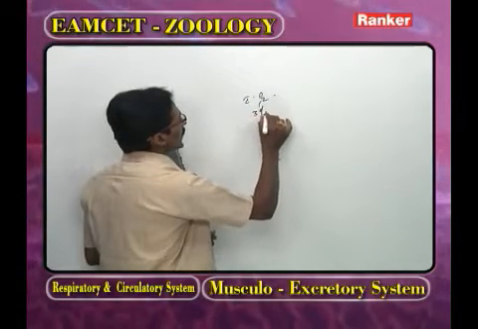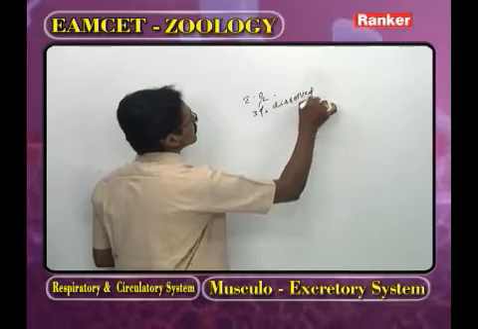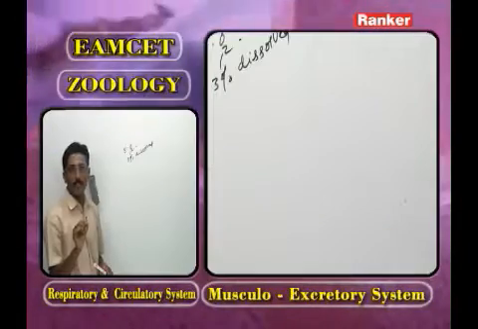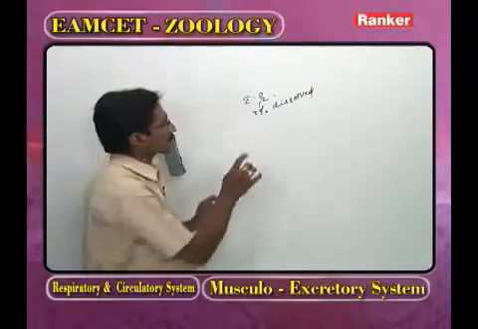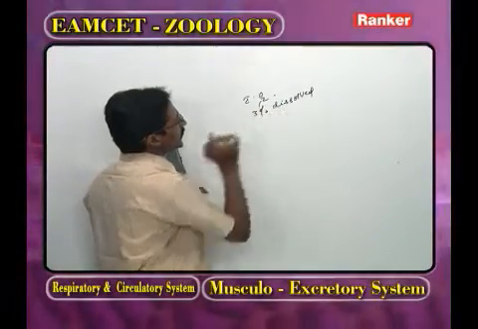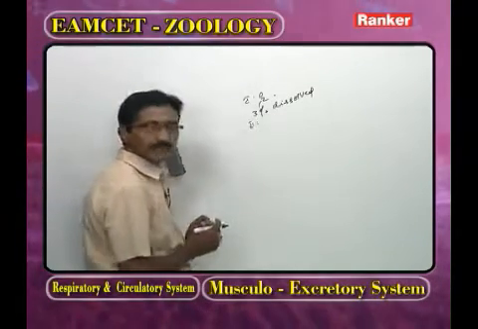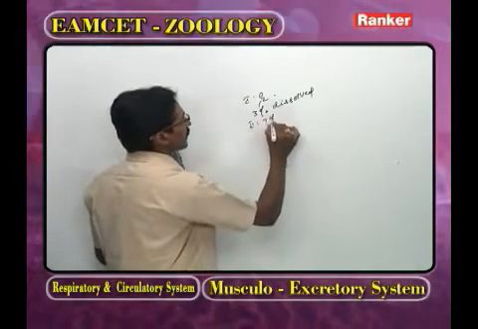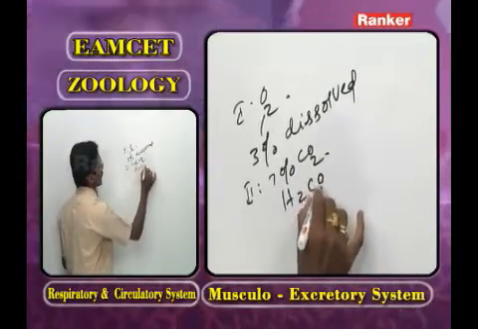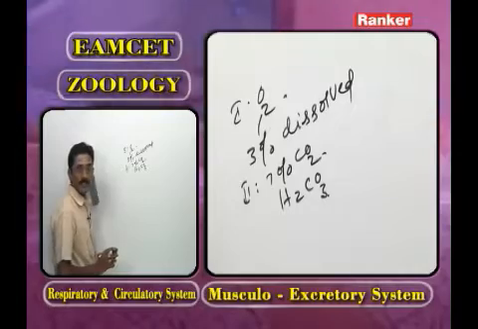3% of oxygen is transported in the dissolved state, because the solubility of oxygen is very less. 3% of oxygen is transported in the dissolved state. Now we go for the carbon dioxide. 7% of carbon dioxide is transported in the form of H2CO3, carbonic acid.